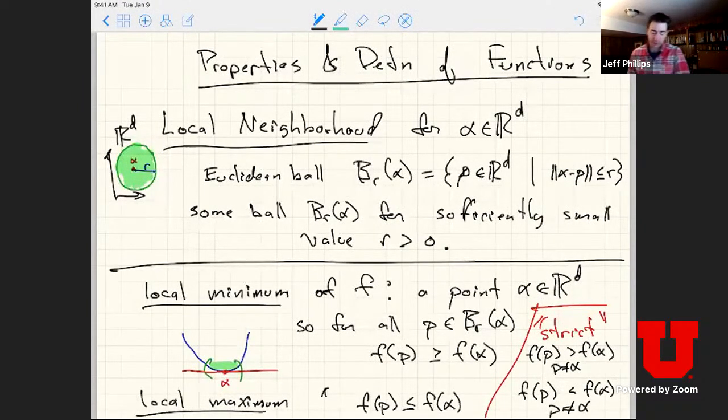So if I say it's a strict local minimum, that means that everything has a function value greater than f of alpha, not just greater or equal. And I have to not exclude alpha, of course. Alpha is inside the local neighborhood, but everything other than alpha itself.